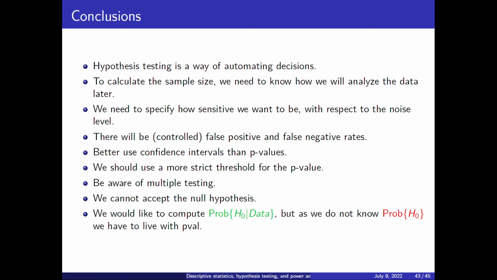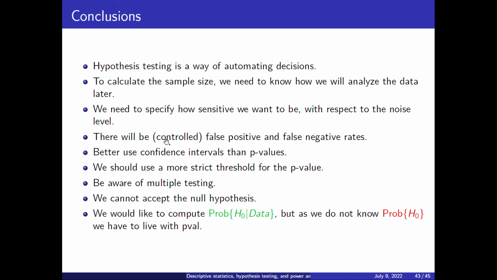And by following this procedure, you will decide what is the false positive and false negative rates. So if you calculate the sample size, you know what is your false positive and false negative rate, because you have designed the sample size for those positive and negative rates.